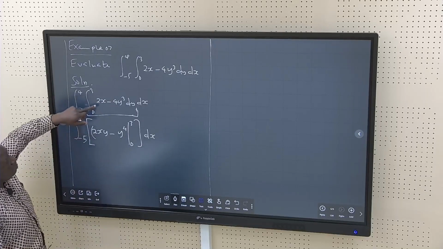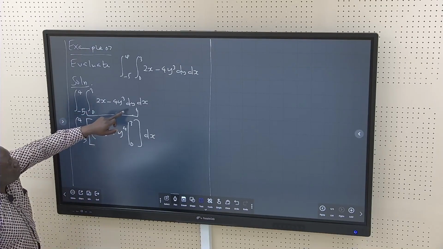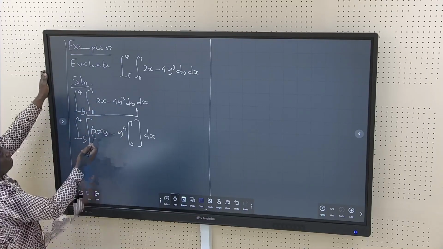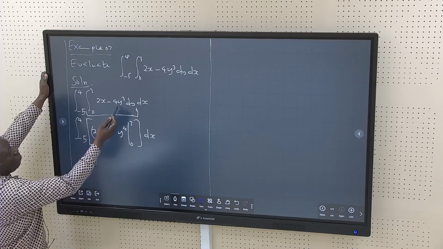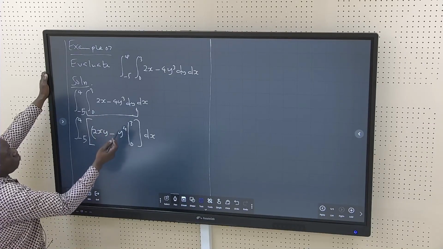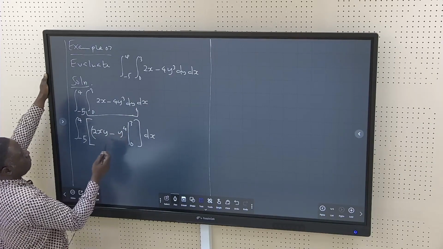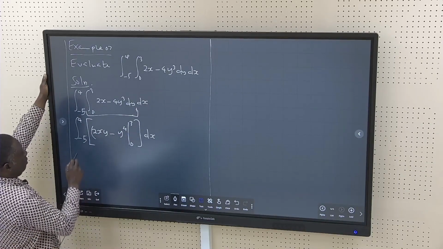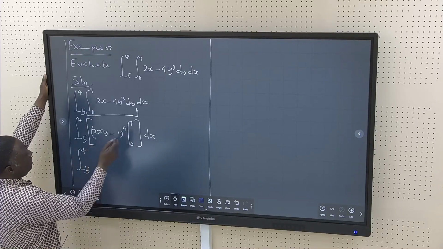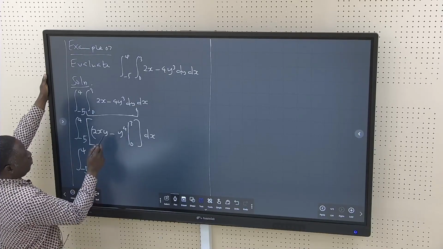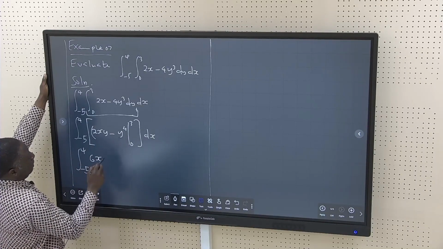See here, 2x is constant, so when integrating with respect to y it becomes 2xy, and integrating y³ with respect to y we have y⁴. Now evaluating, y is 3.